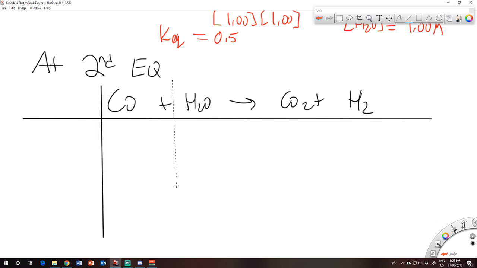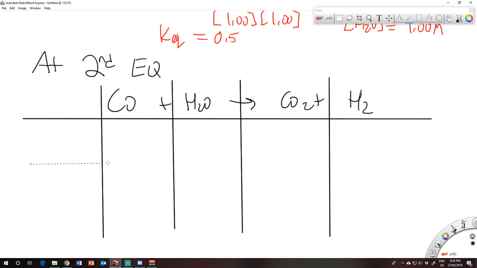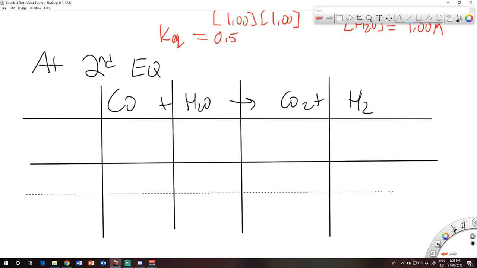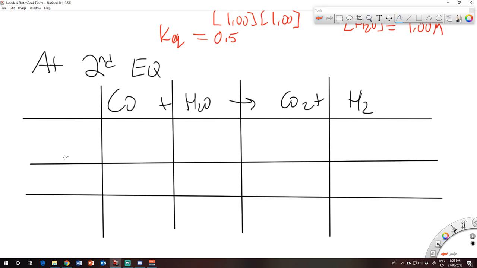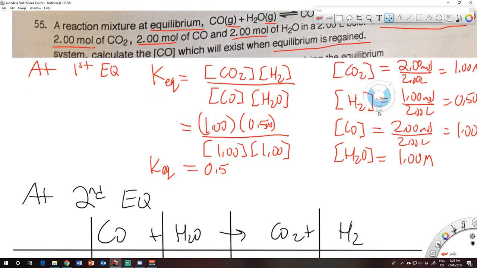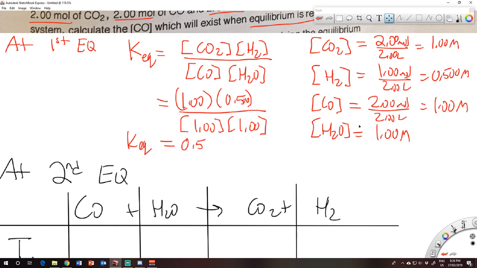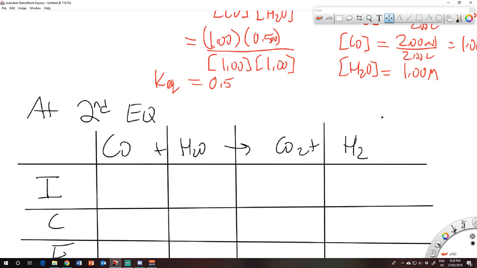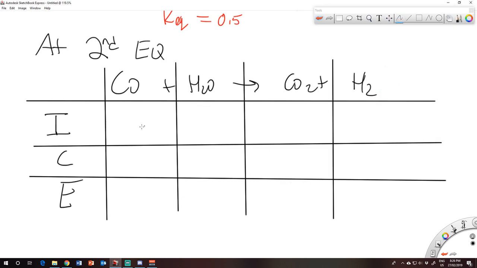Set up our ice table as follows. ICE. Okay. Then we add 1 mole of H2, so that'll change my H2 concentration to be surprisingly 1 molar. All right, so everything then ends up with a concentration of 1 molar.